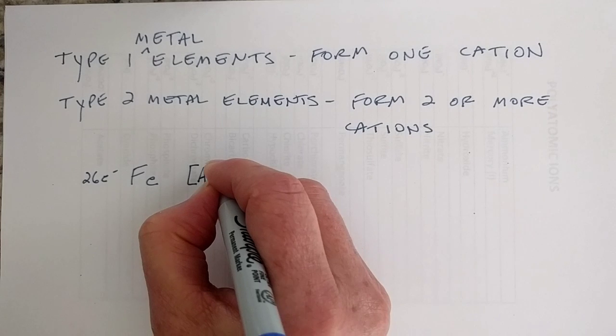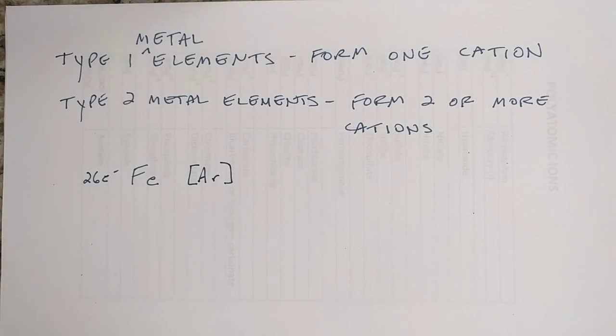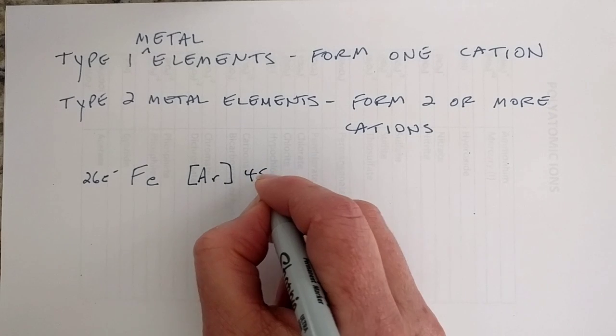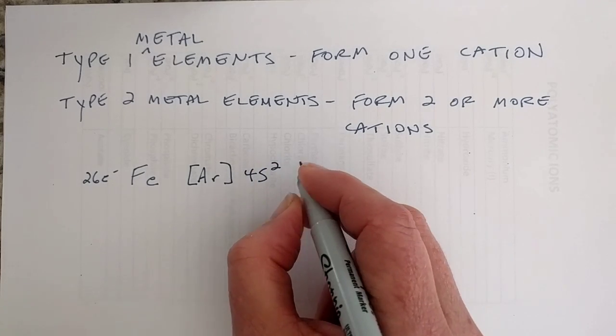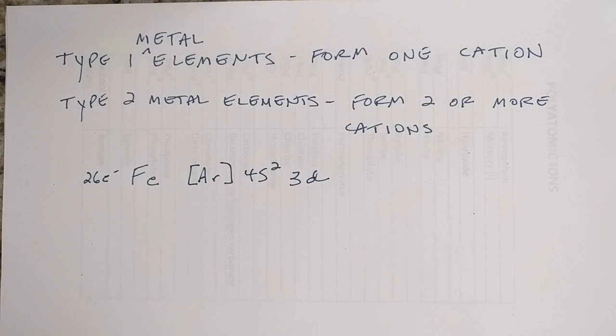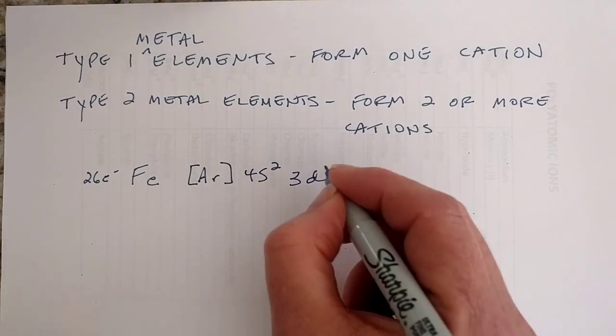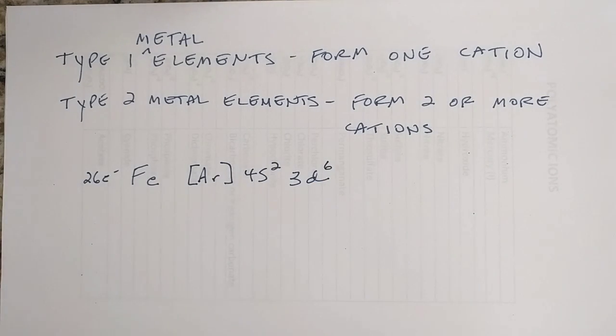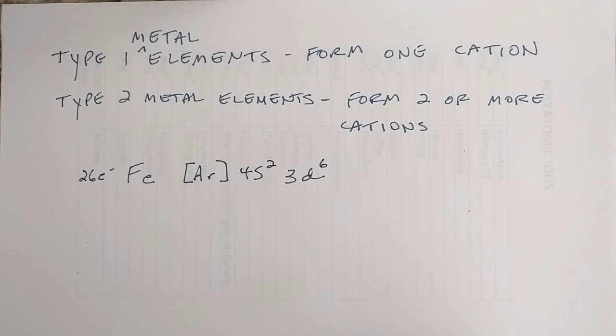And we have argon, and then we follow, and we have 4s2. And then remember, our D is always 1 less than the period number. 3d, 1, 2, 3, 4, 5, 6. 3d6. That is the electron configuration.